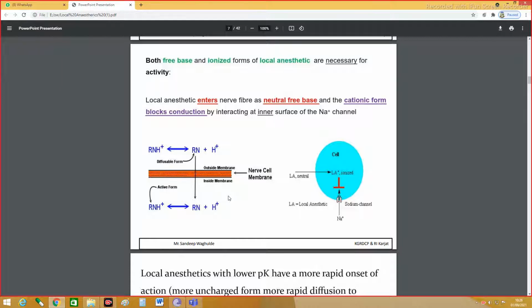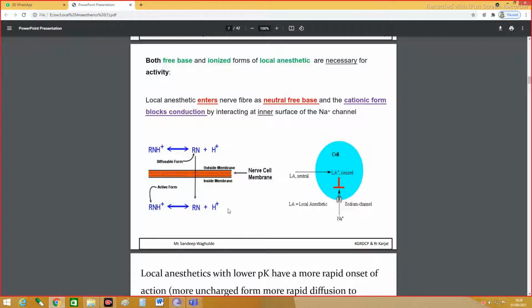But here, if you look at the figure, the neutral free base is converted into a diffusible form, and it forms with a simple nitrogen. That diffusible form can cross the membrane here. You can see this transfer of the diffusible form, and when it comes inside the membrane, a proton binds with the diffusible form and it again forms the cationic base.